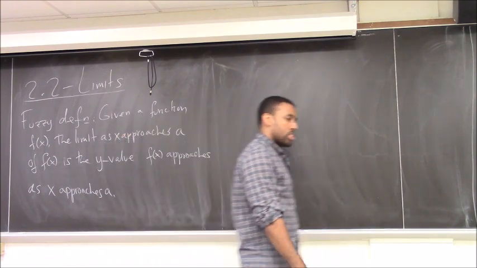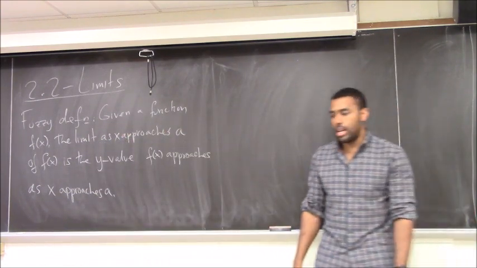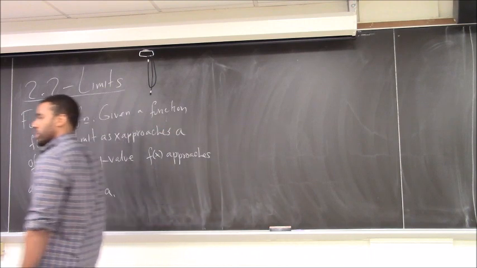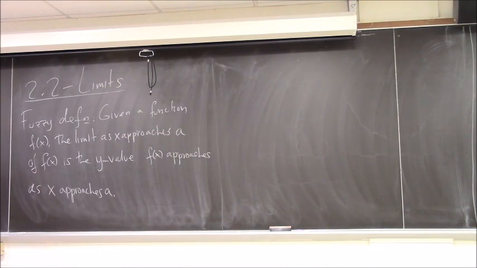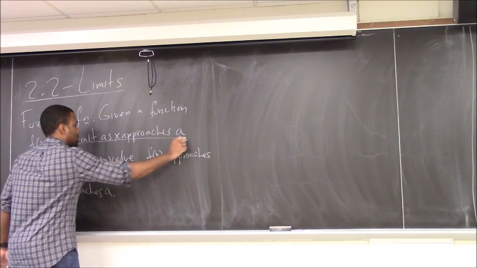The limit of a function is the y value the function approaches as the x value approaches some other predetermined number. Okay, so a few things to point out here is that this sentence is a very common sentence.